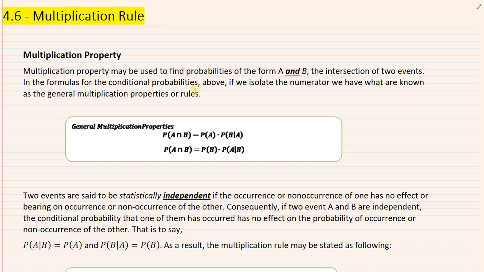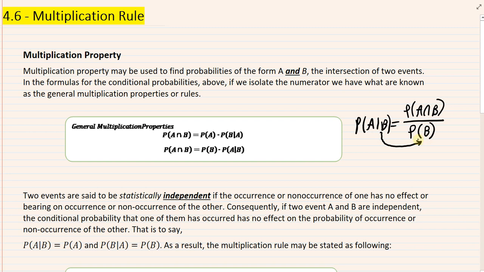Now, if we take a look at the formula for conditional probability, which we talked about in section 4.5, let me recall what that formula was. We said probability of A given B is equal to probability of A and B divided by probability of B. Remember that what's after the bar, the latter part, is what shows in the denominator.